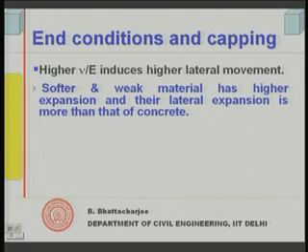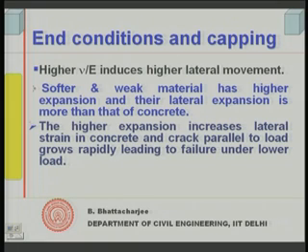So, let us see, softer and weak material has higher expansion and their lateral expansion is more than that of concrete, and as a result, this higher expansion increases lateral strain in concrete and cracks parallel to the load grow rapidly, leading to failure under lower load.